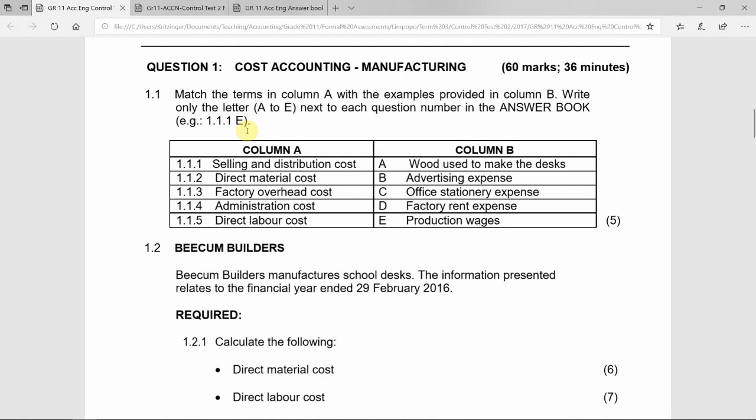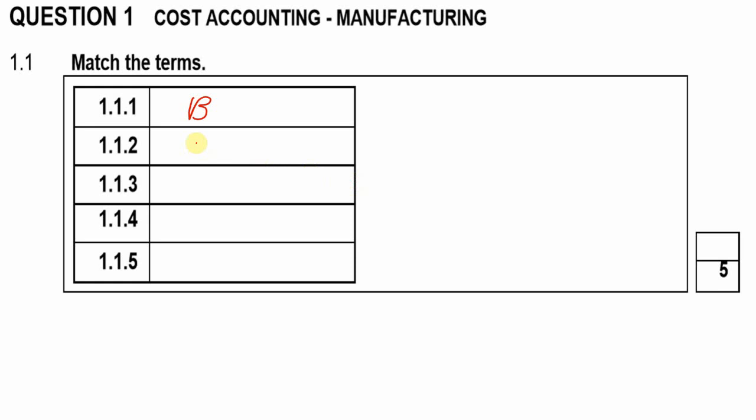So the wood used to make the desk would be an example of that, as wood is one of the main components. So direct material cost is the big and the main components, that which we tend to observe when we study the product. So therefore A definitely fits the criteria for direct material cost.